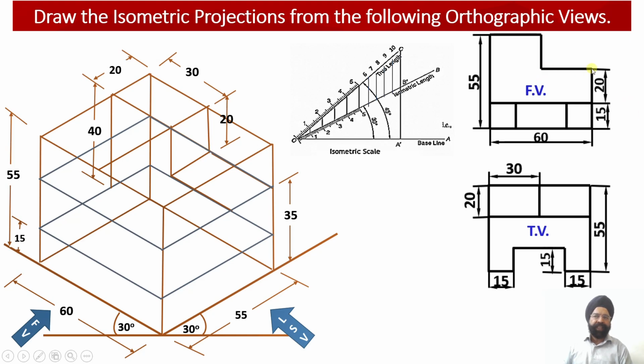Now having obtained this, I need to move down further by 20 millimeter. So from here, I move down 20 millimeter. From here, I move down 20 millimeter. So I'll be able to reach the top of ring number 1. Similarly, you can check, I have joined this and I am going to move down.